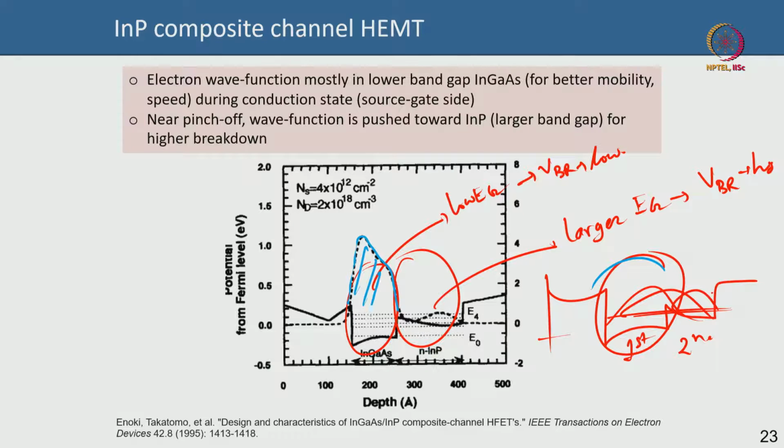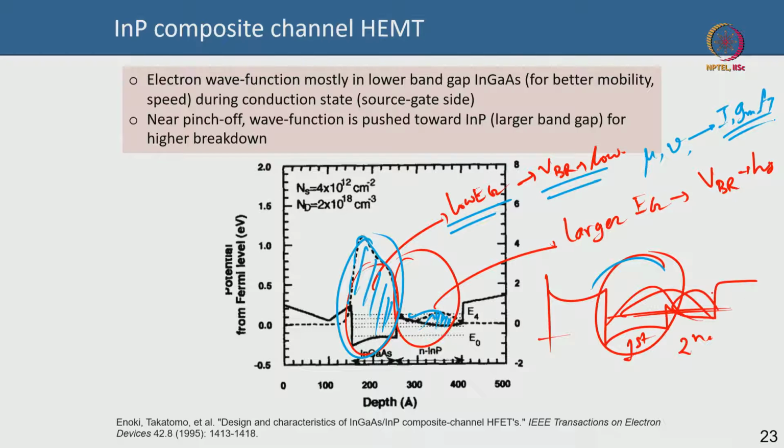You can see that the bulk of the electrons is here, a little bit of electron is here. So you can say maybe 80% or 90% of electrons will be in the first channel. That is the design, the wave functions exist in the first channel. So the lower band gap material InGaAs gives you excellent mobility, excellent velocity, and hence excellent delta Eg. Of course, it will give you very high current, very high gm and very high fT, great, that is what you need.